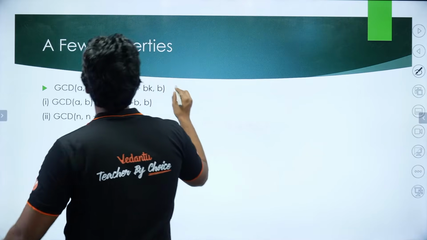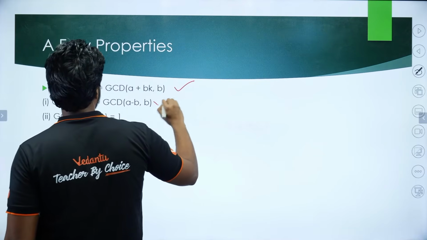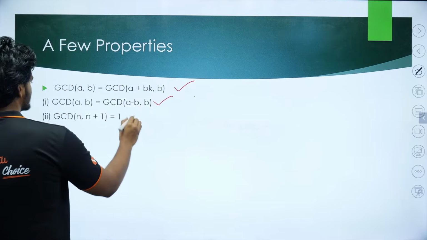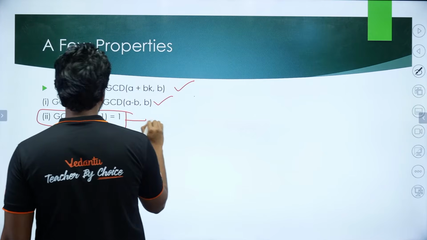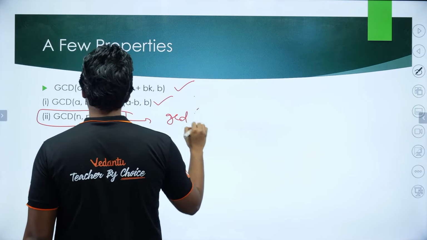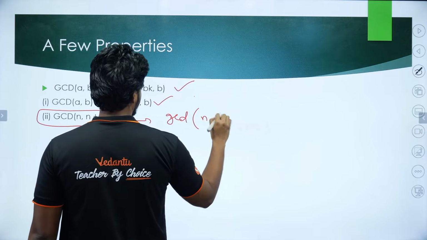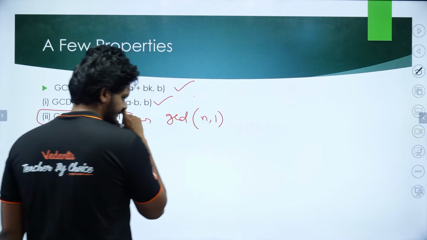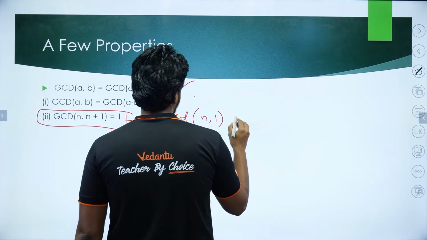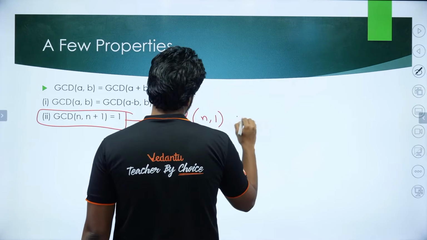Now, this we discussed, right? I hope that is clear, and for the exact same reason, GCD of n comma n plus 1 will always be 1.